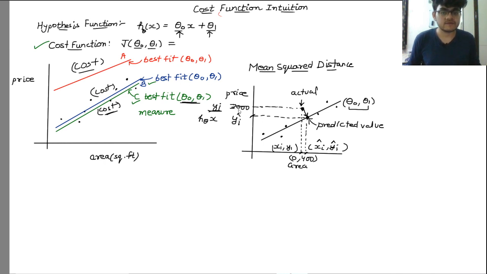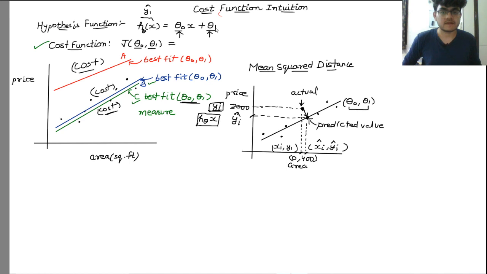So now we want to find the distance, and the distance is the difference between h theta x and yi. This is a little bit complex, but this is how we calculate the distance. We find the projection yi cap, which is nothing but our h theta x.